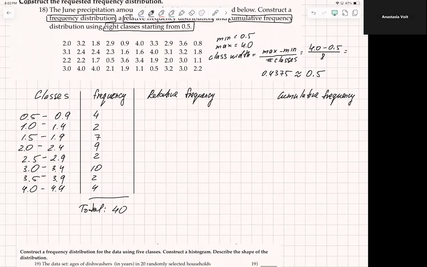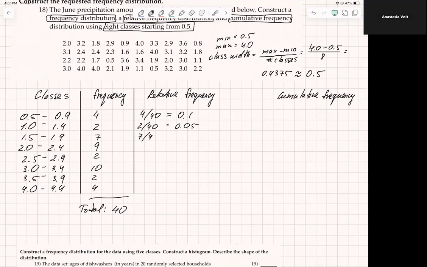Okay, so now to calculate the relative frequency, what we need to do is divide each frequency by the total, right? So we have 4 divided by 40, which is 0.1. Then 2 divided by 40, which is 0.05.